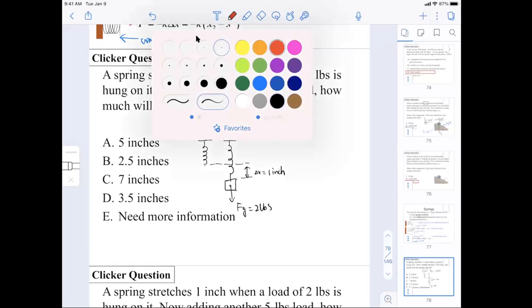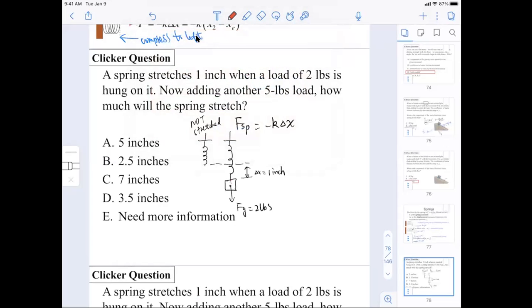So implicitly that tells us the spring force acting on the block is going to be how many pounds? That's the force provided by the spring on the block.